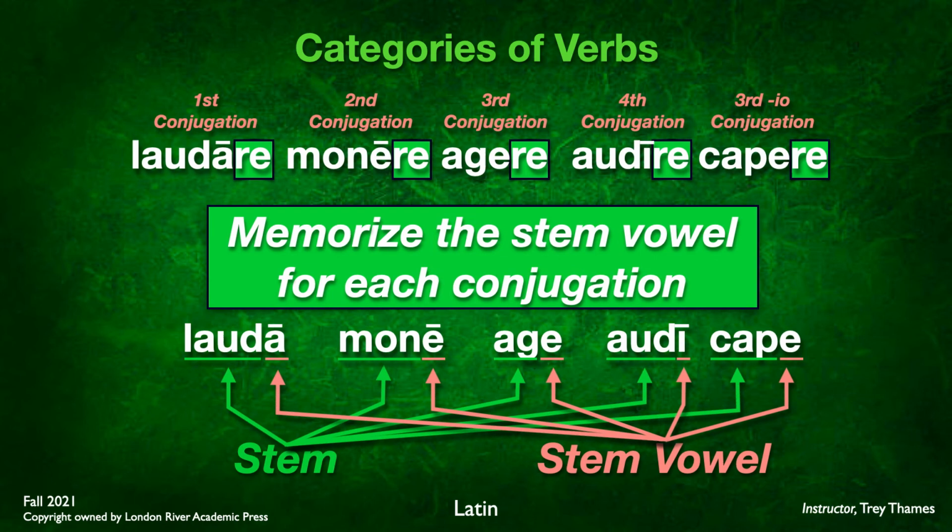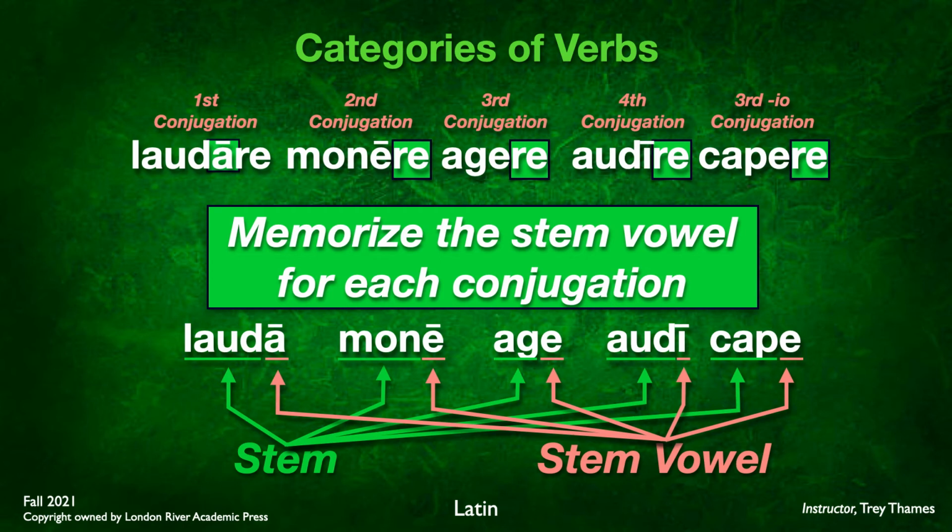Memorize the stem vowel for each conjugation. Know that first conjugation verbs have a long A, second conjugation verbs have a long E, third conjugations have a short E, fourth conjugation verbs have a long I, and third IO verbs have a short E. So you need to know that pattern. That's very, very important.